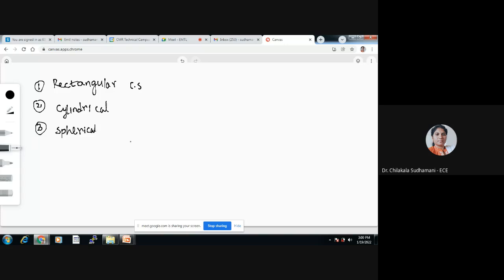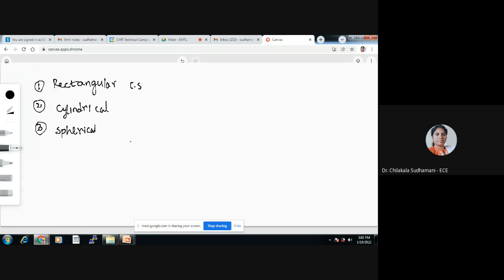Now these three coordinate systems we are going to use in our subject, electromagnetic waves. Means if the signal is transmitting in free space, how it is traveling, if the coordinate system is rectangular, cylindrical, or spherical.